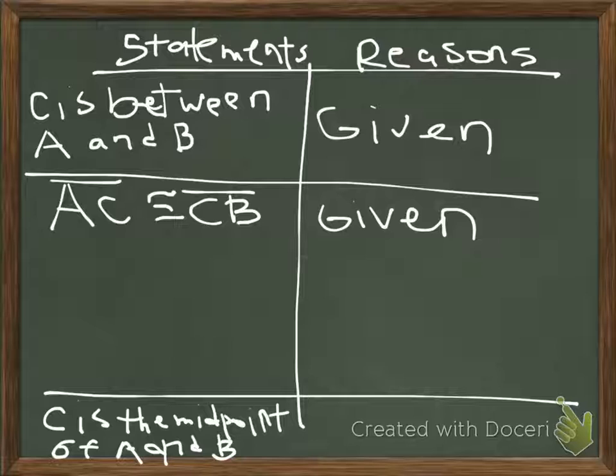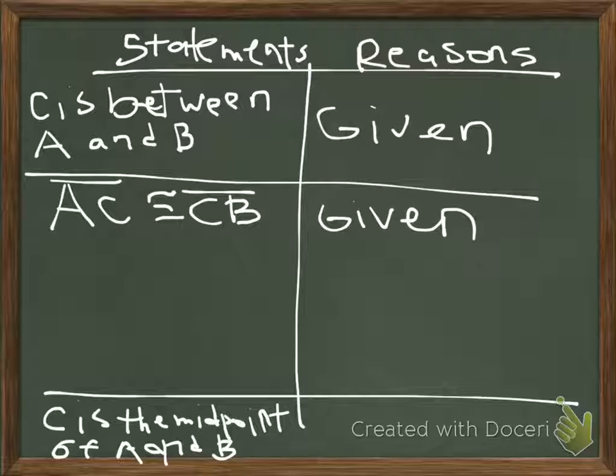Then we have AC being congruent to CB, so since they're congruent, by the definition of congruence, they have the same measure. That we didn't need to prove, though, because that was given to us. Then it says, from the definition of a midpoint, C is between points A and B, and AC and CB are congruent, then you can conclude that C is the midpoint.